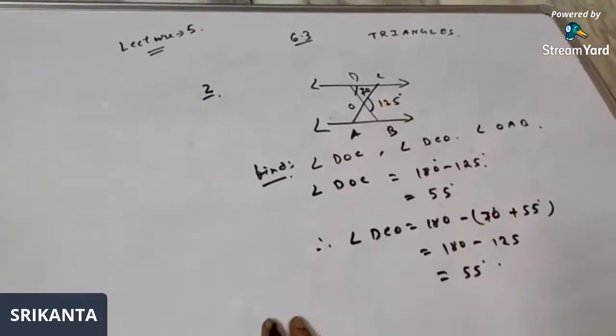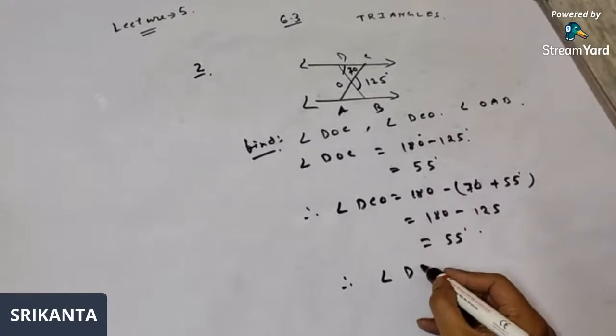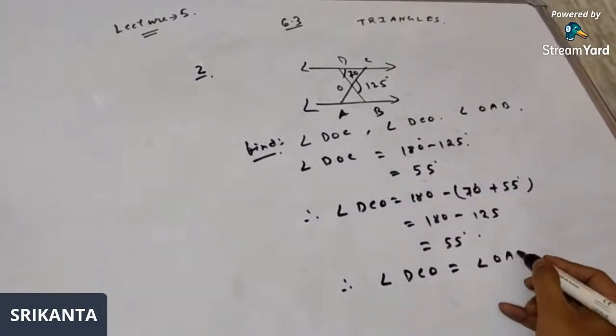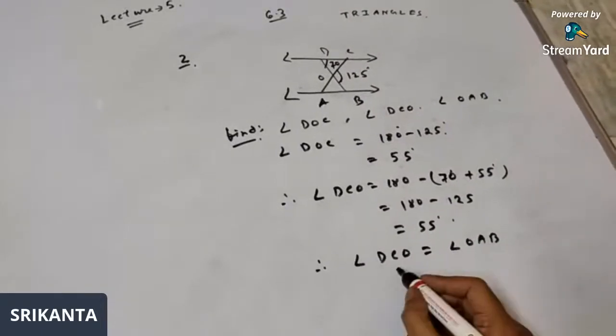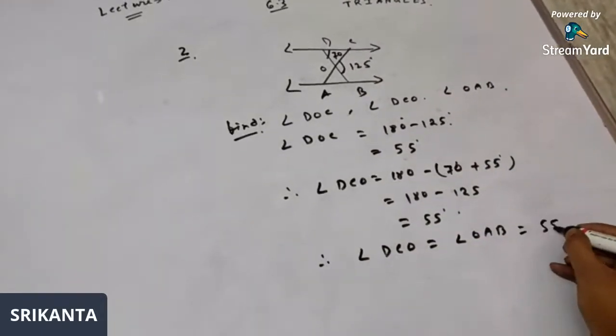Now as they are similar triangles, therefore angle DCO will be equal to angle OAB. Clear? Since DCO is 55 degrees, therefore OAB is also 55 degrees.